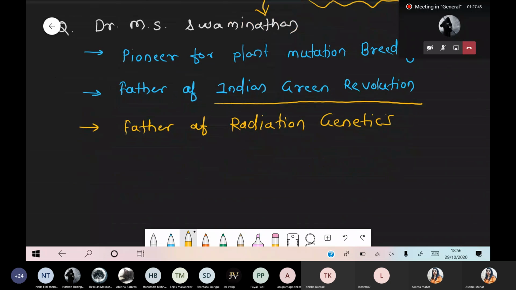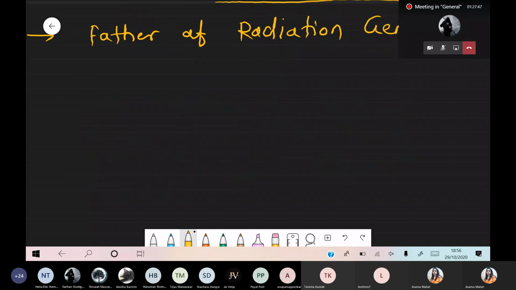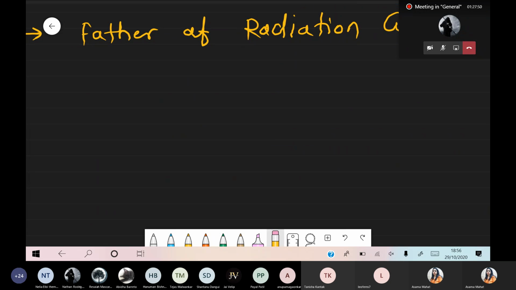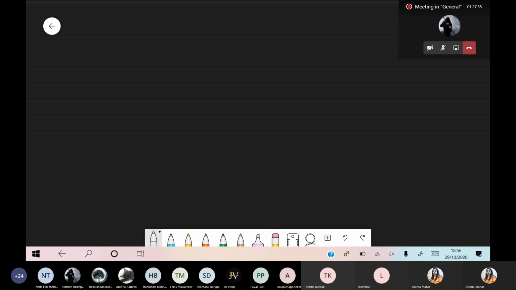So we are looking at an experiment of Swaminathan. Suppose the chapati is red in color, would anyone eat it? Tell me, yes or no? If a red color chapati is there, what is your reaction? The same condition happened a few years ago, Indian people rejected the red chapati. Why? So we are talking about an experiment of Dr. Swaminathan.